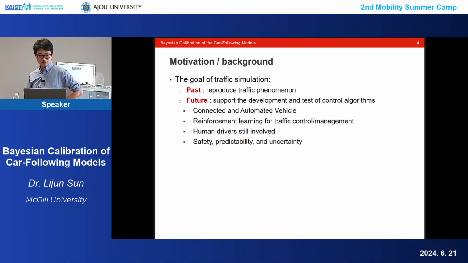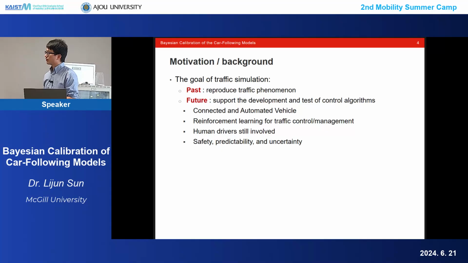So the goal of traffic simulation in the past, if we do engineering work, for example, using traffic simulation to evaluate whether this signalized intersection is properly designed, or whether the signal timing is properly timed, is that we can use traffic simulation tools to see what the overall delay at this intersection is and how many cars are delayed per cycle, and so on and so forth.